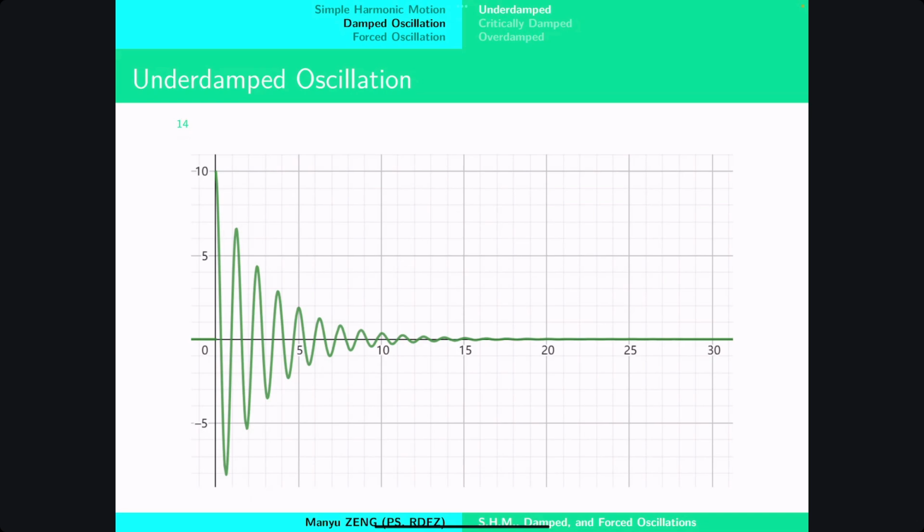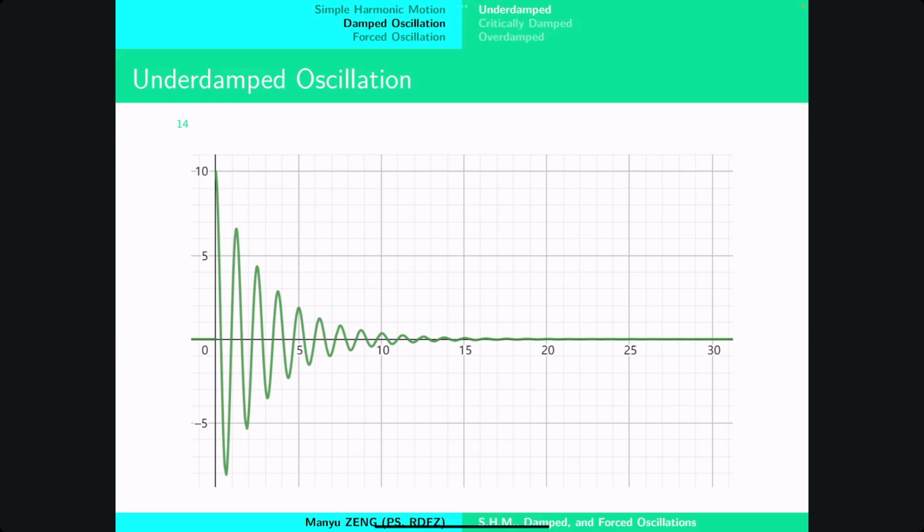As an example, you can imagine there is a pendulum. The pendulum is deflected by you at a small angle, and then it starts oscillating. Because it travels through the air, it is damped. But the air is not sticky, so the damping is not that heavy.